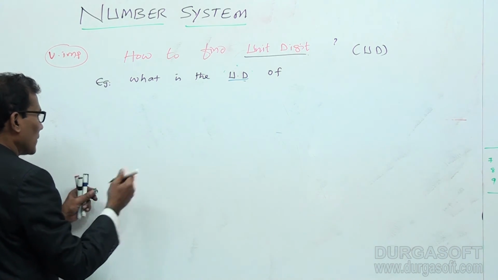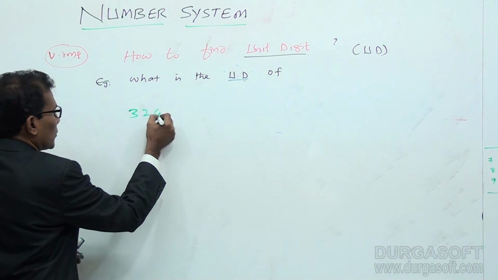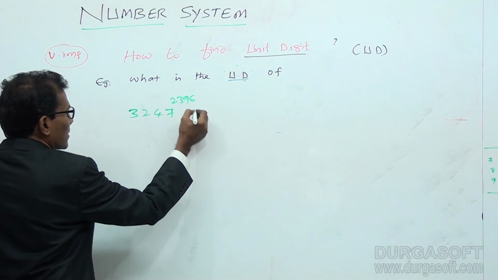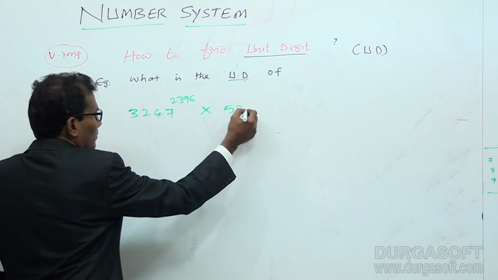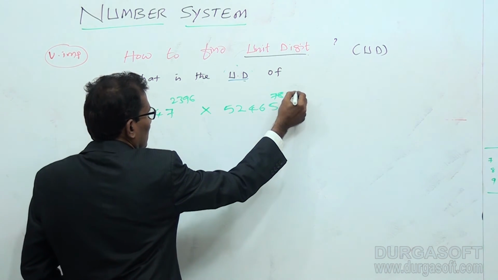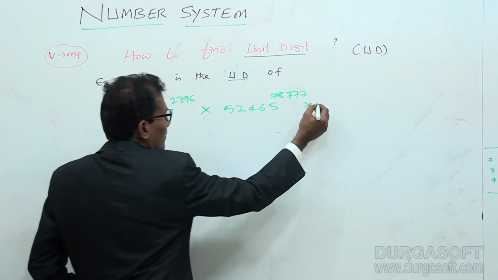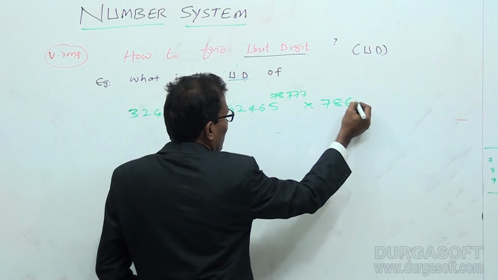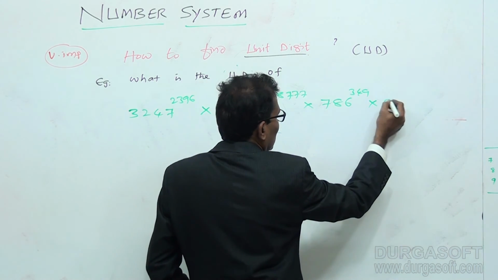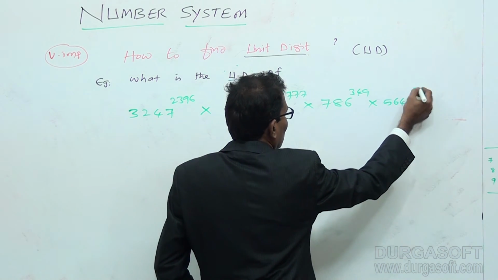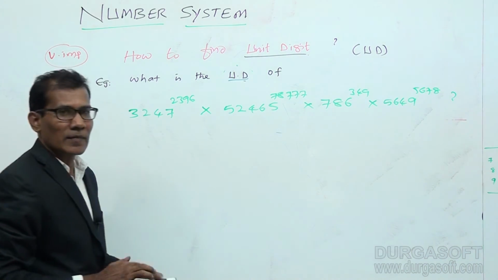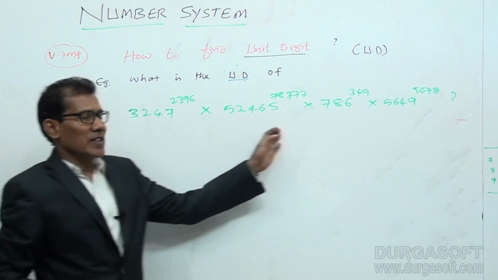What is the unit digit of 3247 to the power of 2396 into... what is the unit digit of this?